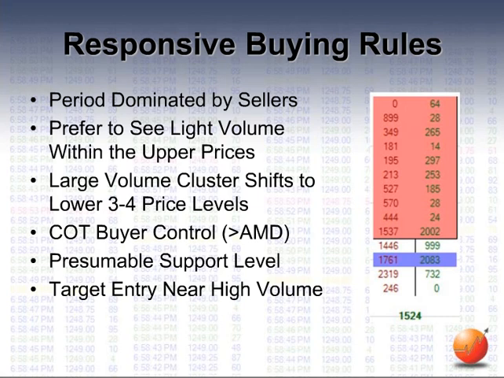The next piece of the puzzle, target an entry near the high volume. And when we see these patterns come together, I don't want to be long up where it's 570 against 28, okay? Because it's very likely, and we know it happens quite a lot, that we'll come back down and retest lows, particularly where we've found a responsive buying aspect, okay? So I don't want to position myself very far off the bottom.